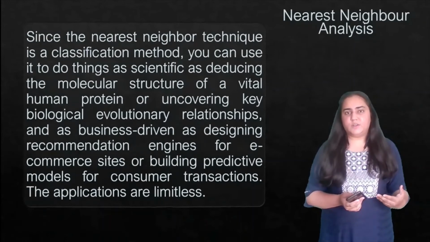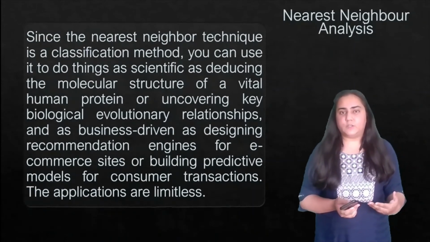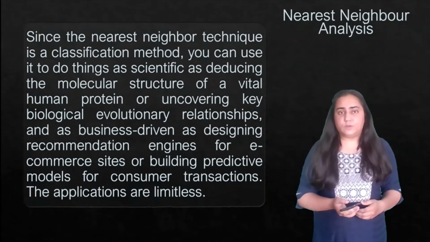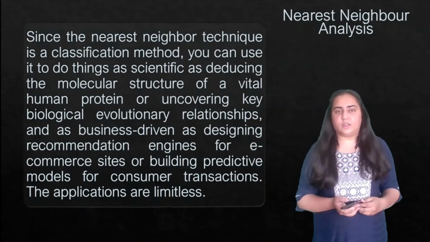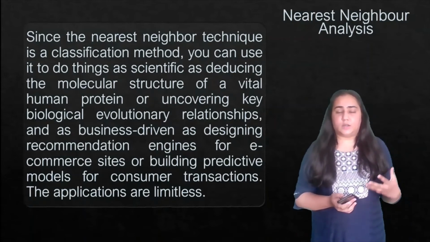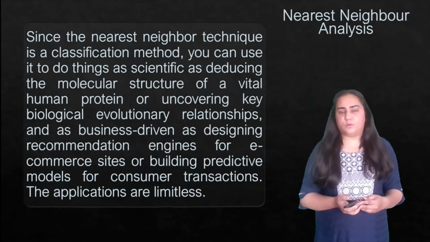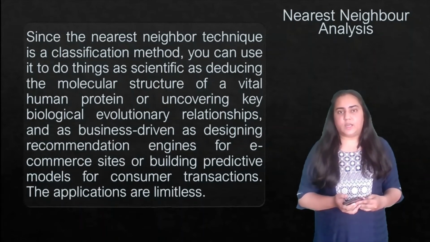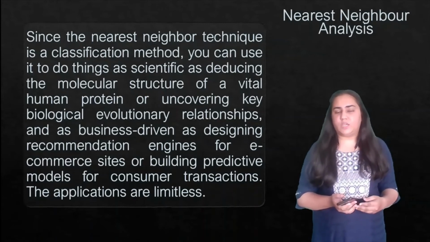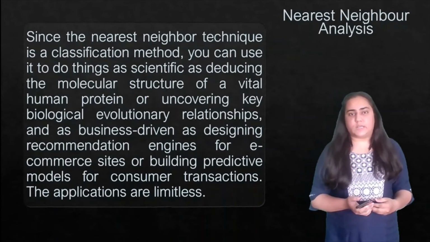Now, since the nearest neighbor technique is a classification method, you can use it to do things as scientific as deducing the molecular structure of a vital human protein or uncovering key biological evolutionary relationships, and as business driven as designing recommendation engines for e-commerce sites or building predictive models for consumer transactions.